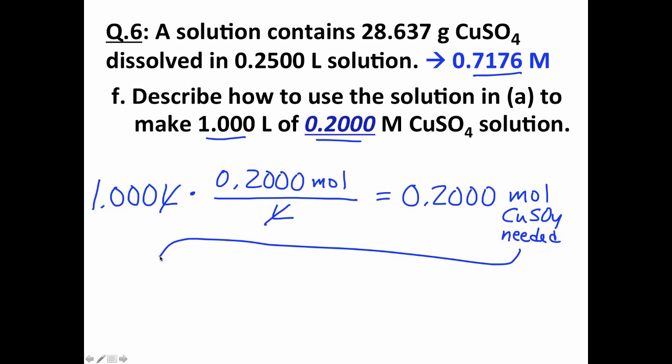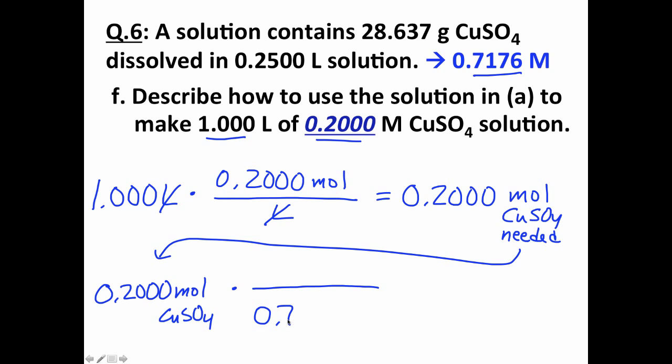And then what we can say is, if we have 0.2000 moles of copper sulfate that we need, and we're going to get this from a solution that is 0.7176 molar, then there are 0.7176 moles of copper sulfate per 1 liter of that solution.